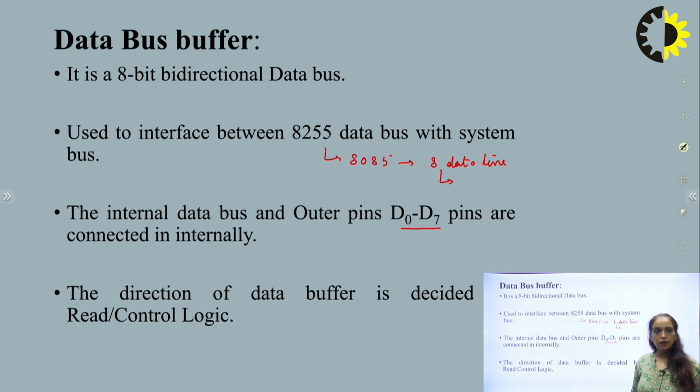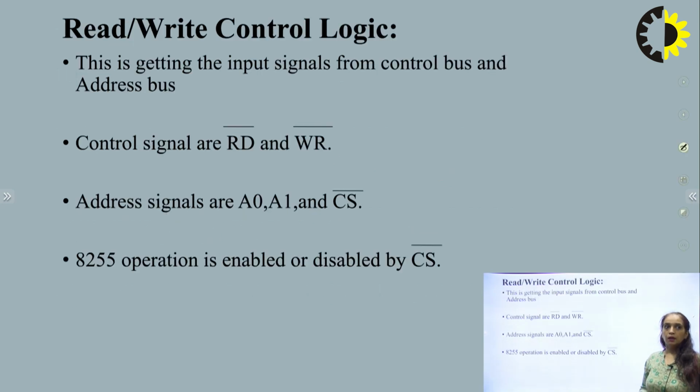The direction of the data transfer is decided by the read-write logic control signal. Next, read-write control logic. It is used to get the input signal from the control bus and the address buses. Control signals which are used under this block are your read bar and write bar.